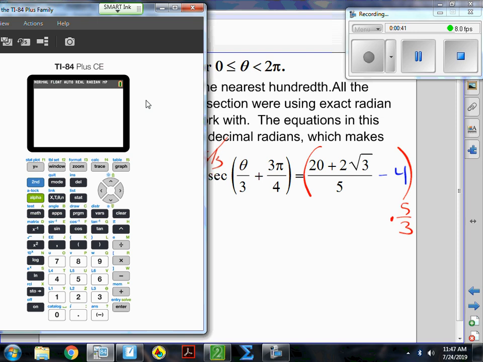All right, so it'll be hard to see there, but that's okay. So parentheses, (20 plus 2√3/5), minus 4, times 5/3.